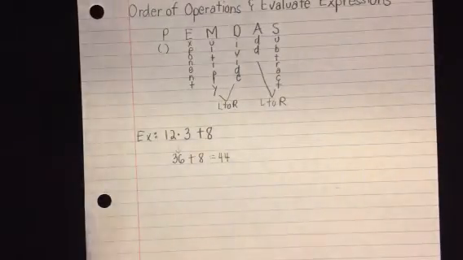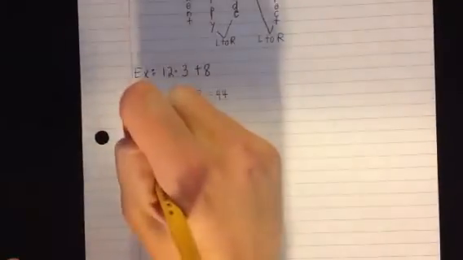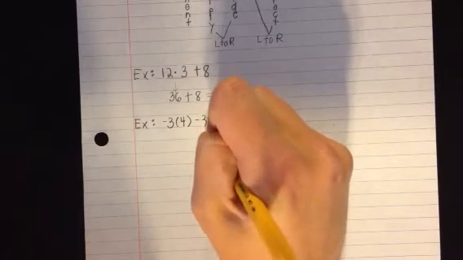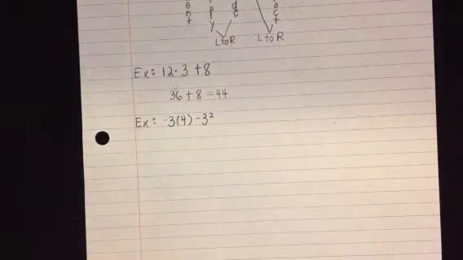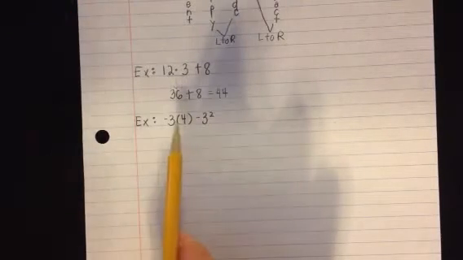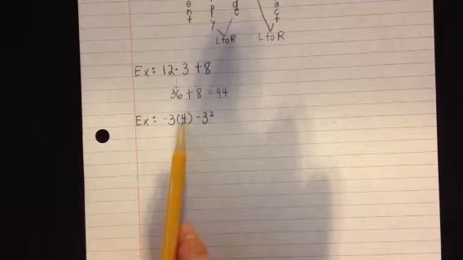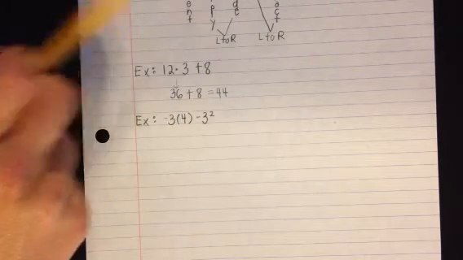Okay, let's move on. Second example, -3 parentheses 4 minus 3 squared. Okay, so following PEMDAS, parentheses. Now, don't get confused. There's nothing inside the parentheses for me to perform, so I skip that. Then I go to exponent.